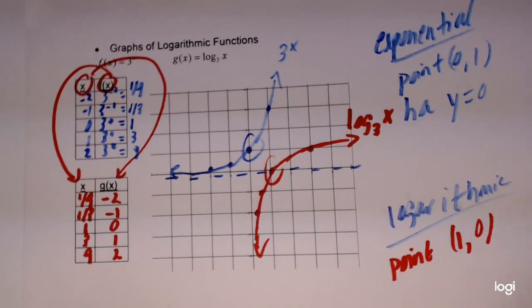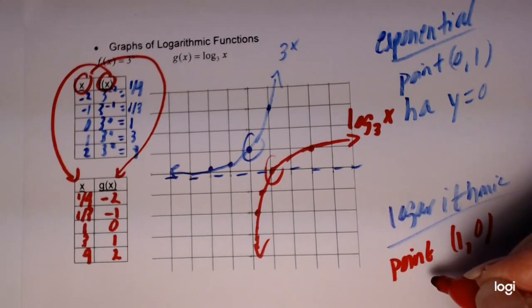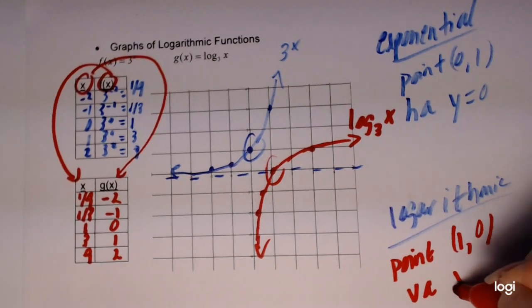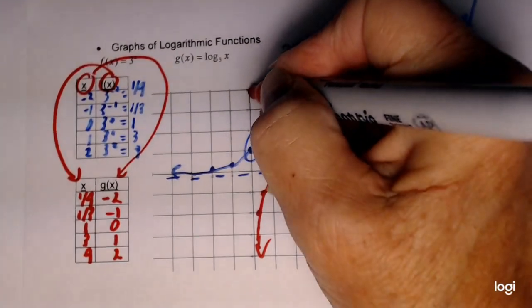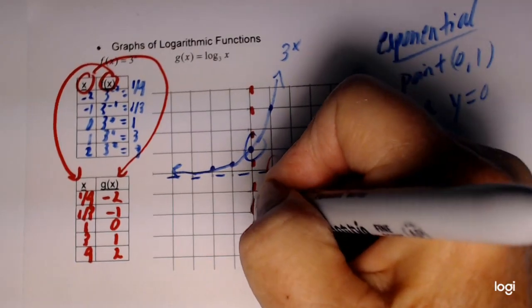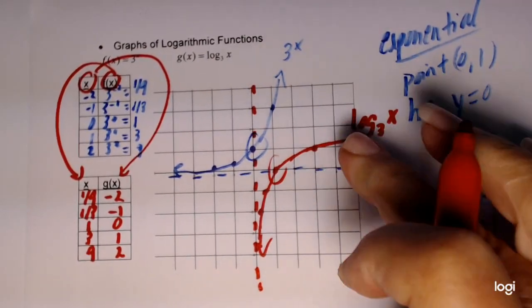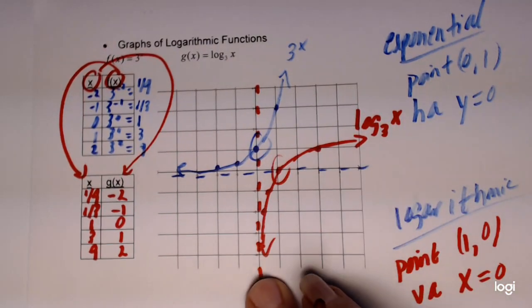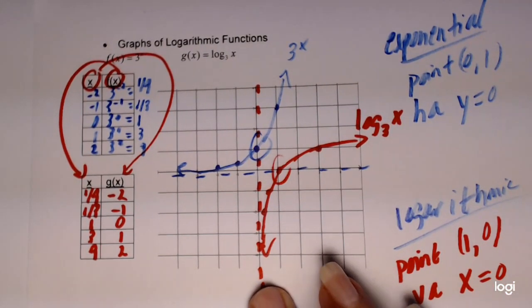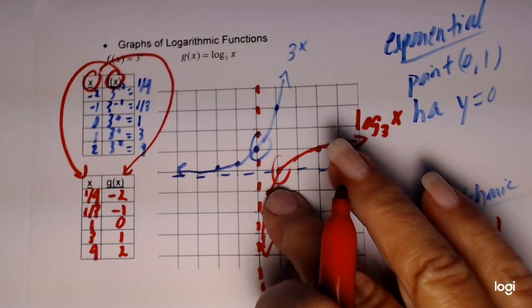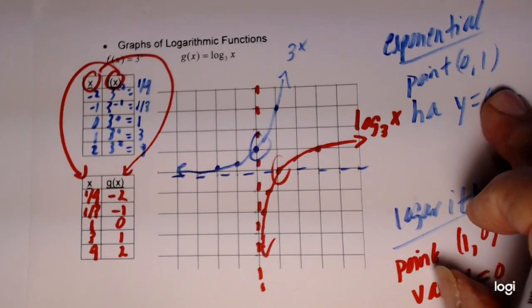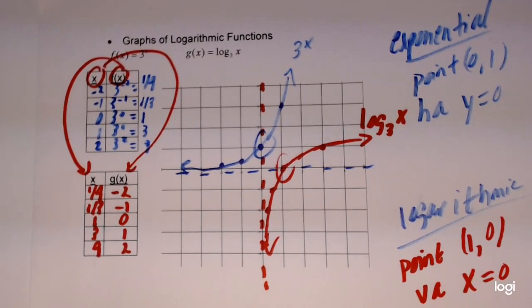For logarithmic functions, since x and y change place, we have a vertical asymptote, x equals 0, which I will draw in on the graph there that you can see. Our function starts decreasing and we're just going to skim along this vertical asymptote here, x equals 0. And then the end behavior on this end, as x goes to positive infinity, we would be increasing.